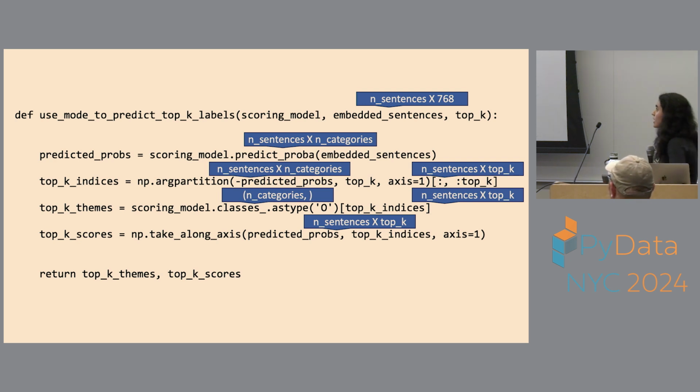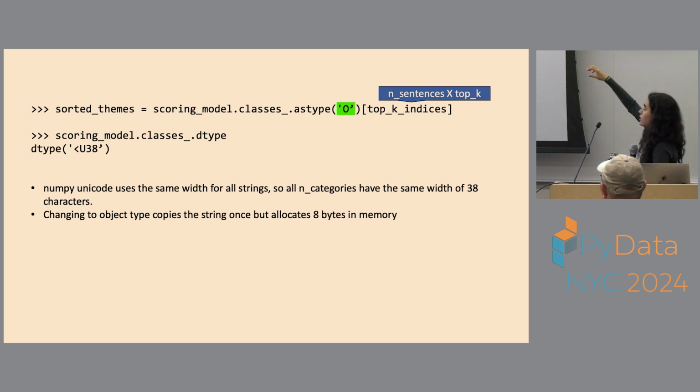So you may be wondering why I'm changing the type of classes to object in that line. For that, let's start with understanding what the previous type of scoring model classes were. The classes were originally of type fixed-width strings.